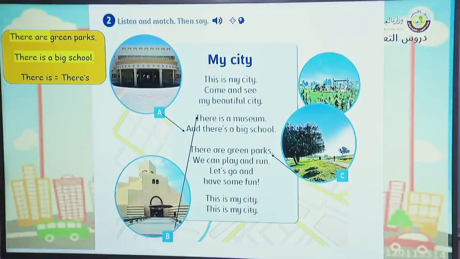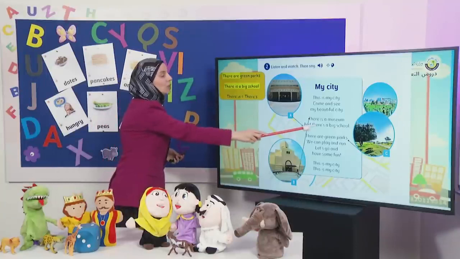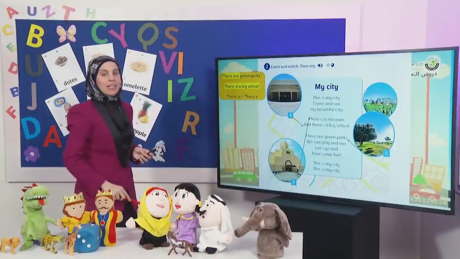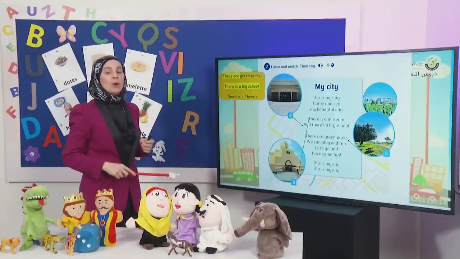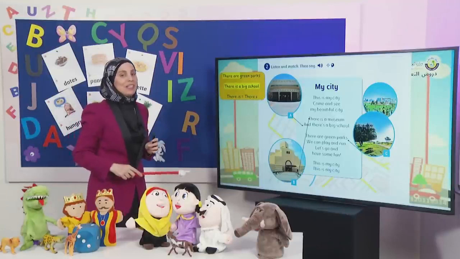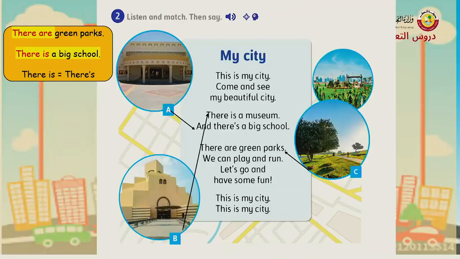There is a big school. Or I can say there's a big school. I use there's when I'm talking about only one thing. Okay, my students, now let's see what we have next.